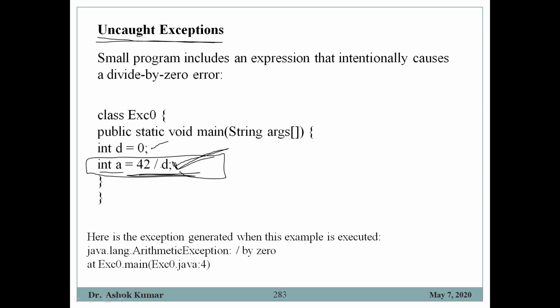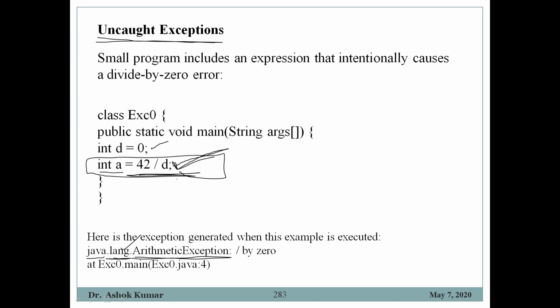So Java will create the object of type ArithmeticException. ArithmeticException is an inbuilt class. It is defined in the lang package of Java, right? Java is the main package, lang is the sub package, and ArithmeticException is one of the classes that is defined in it.